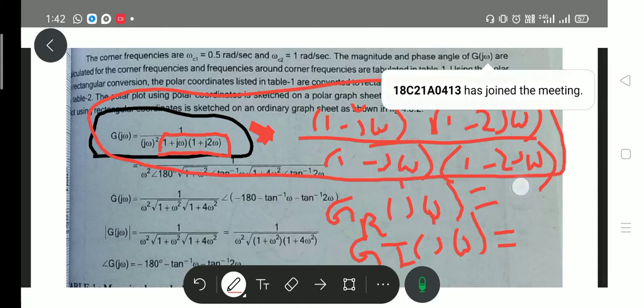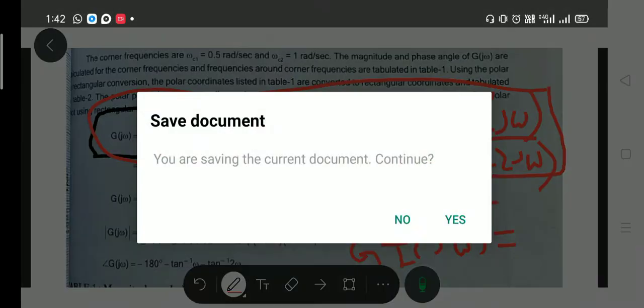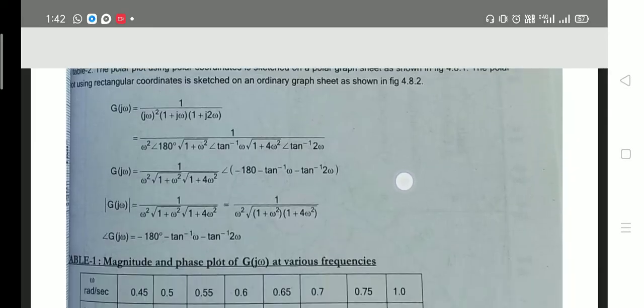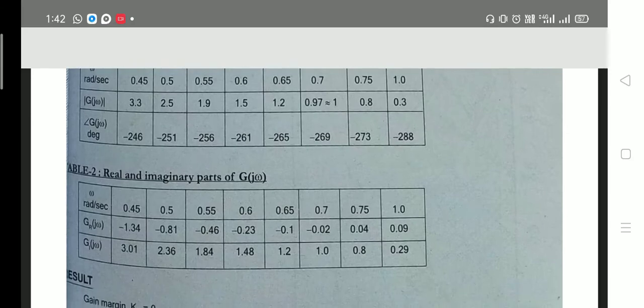Then we will get real and imaginary parts. In those expressions, we can substitute the values of these corner frequencies. Then we will get real and imaginary values.